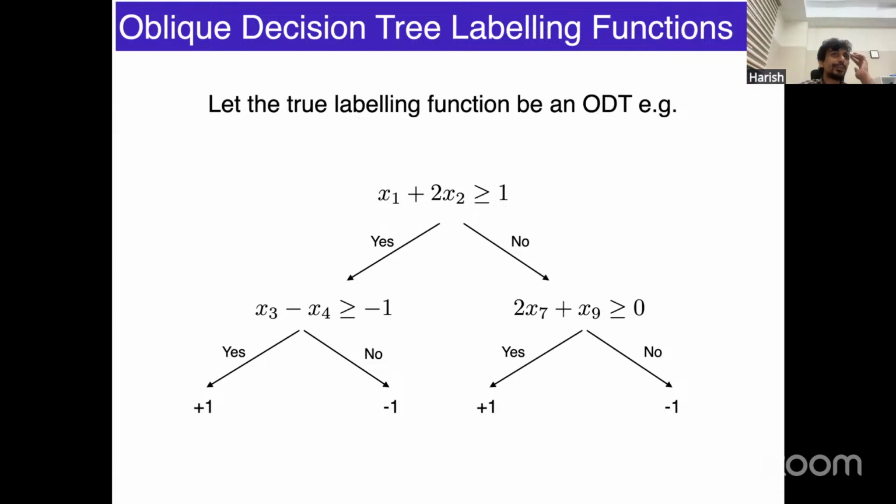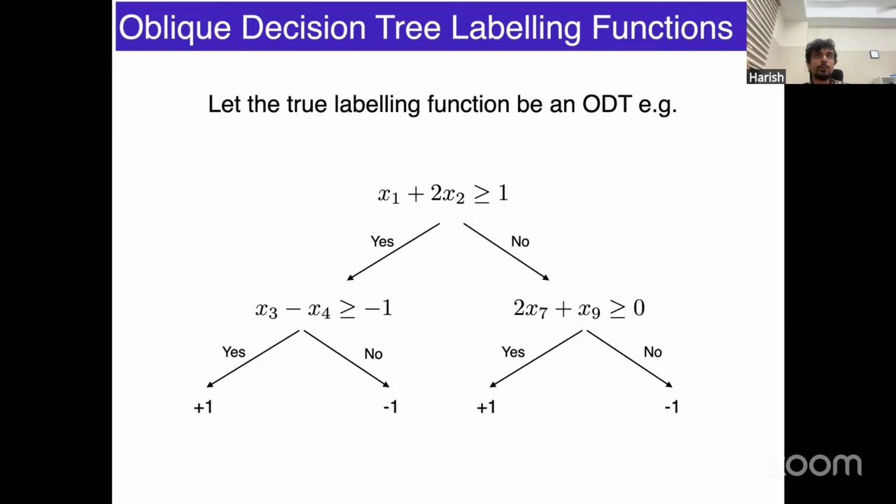We assume that the true labeling function is an oblique decision tree. What do I mean by that? We assume that there exists a tree like here, where your label is decided by just following the path of the tree and giving the label corresponding to the leaf node. For example, in this particular decision tree, let's say you have 10-dimensional data, the root node would just check x1 plus 2 x2.